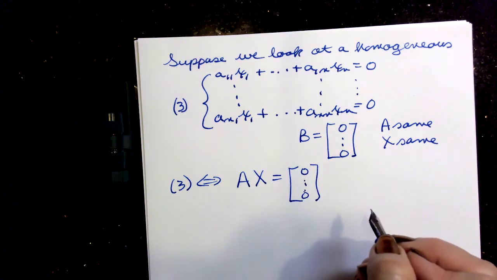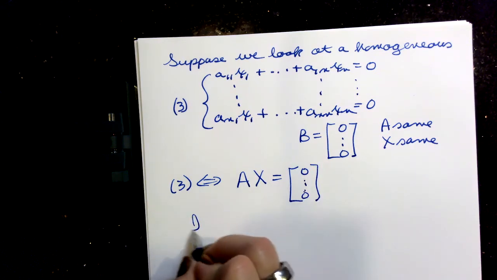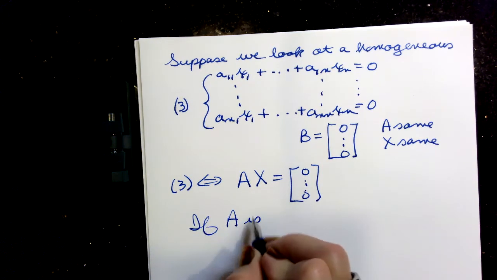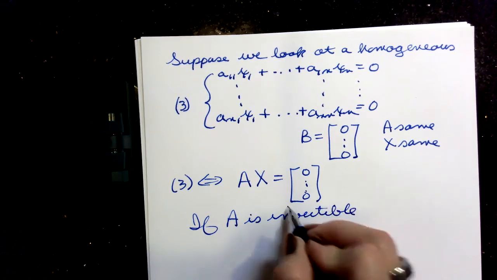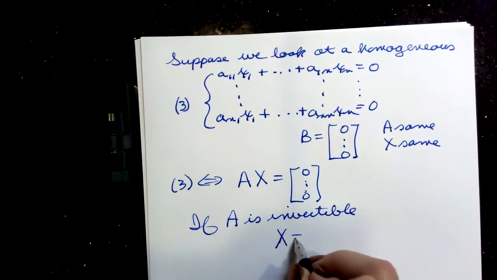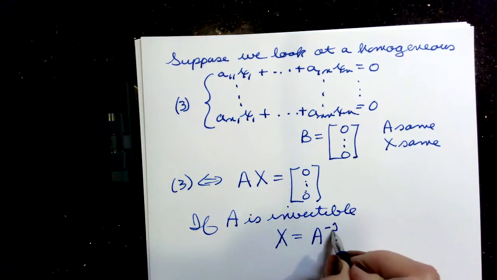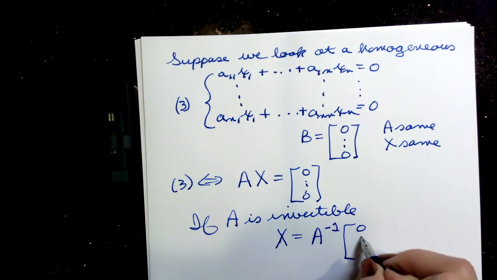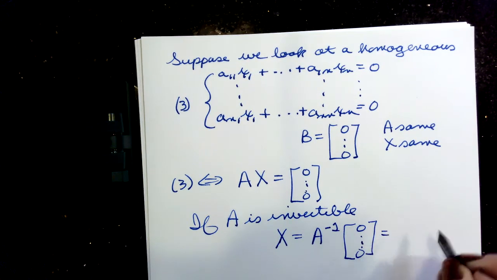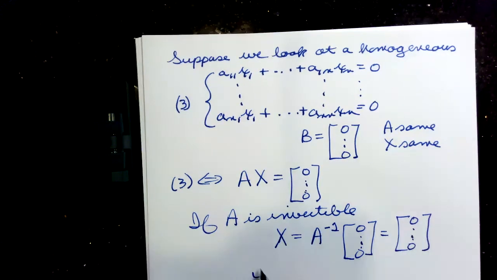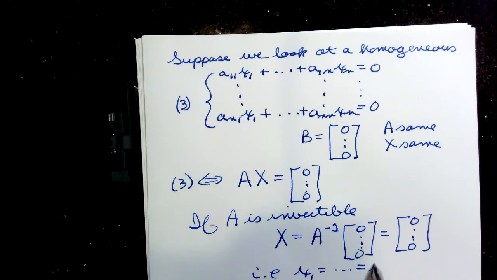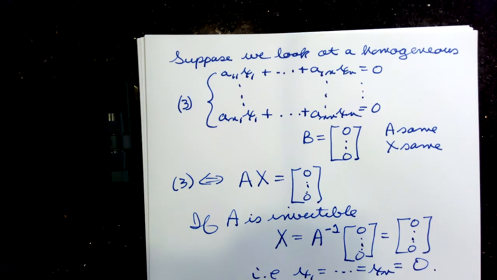Okay, so if A is invertible, by the calculation we just did, X is equal to A inverse times the 0 matrix. But anything times the 0 matrix gives you the 0 matrix back. That is, all the components of X are individually 0.